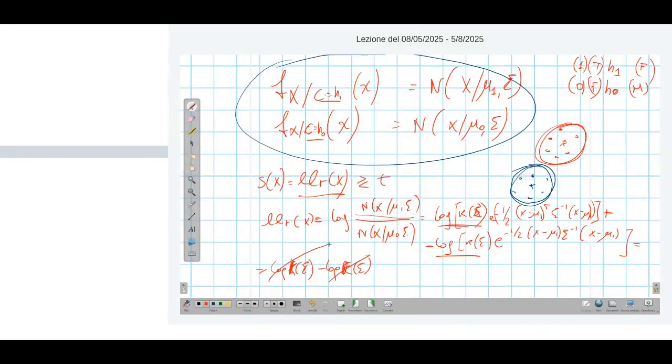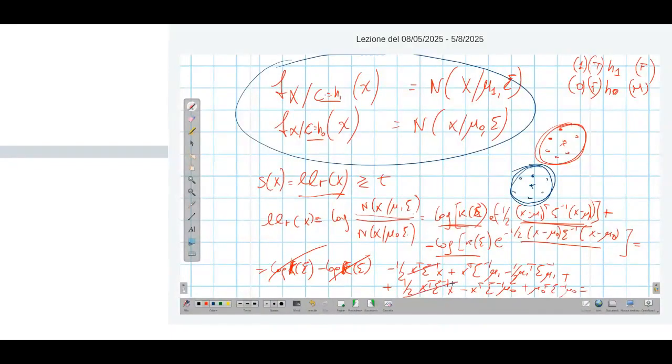This goes away, and then I have minus 1/2 this term plus 1/2 the second one. This term is what? x transpose sigma inverse x plus x transpose sigma inverse mu1 minus mu1 transpose sigma inverse mu1, times 1/2. And then below I have the same thing, but this time I change the sign, and sorry, this is mu0 instead of mu1.